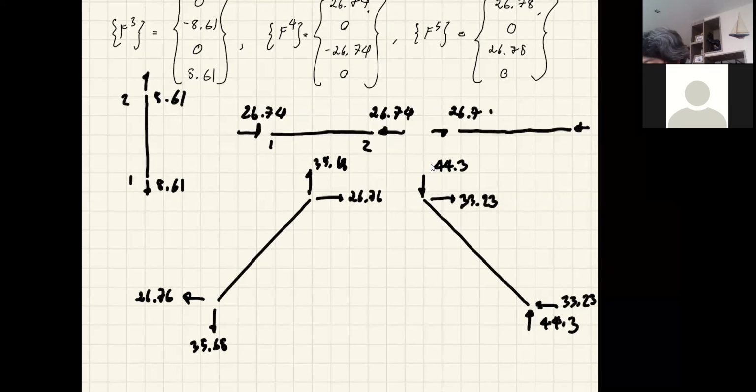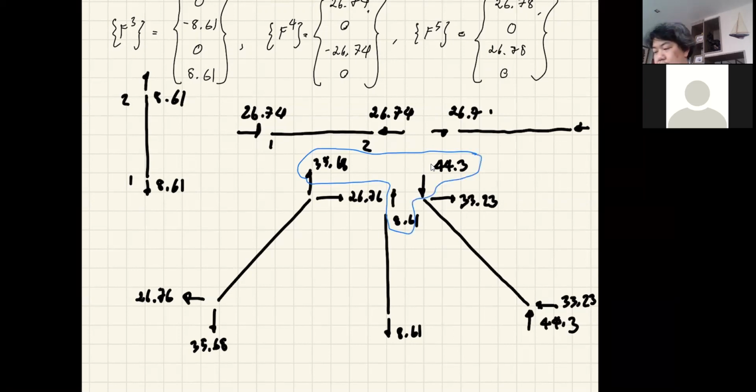Now when you begin to assemble, you should see that everything must be under equilibrium. So you got that 8.61 here, and that it is 8.61. So you see your equilibrium of the joint in y direction, this should be 0.